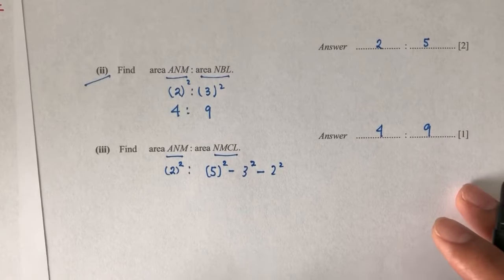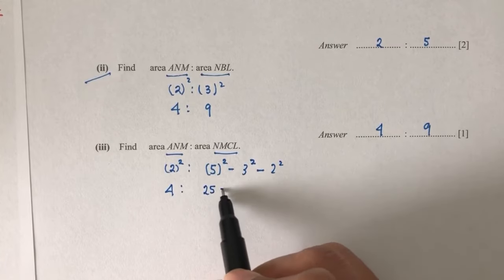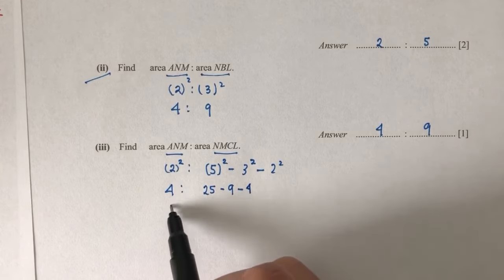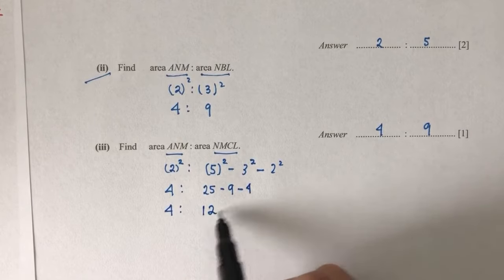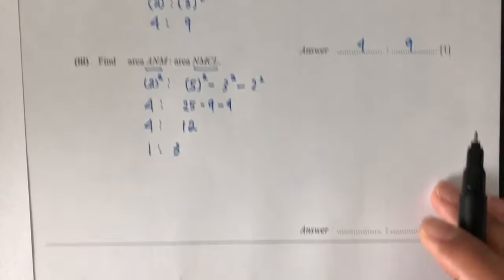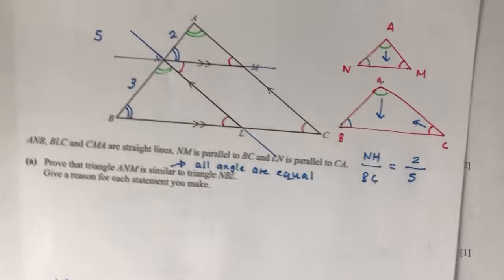So here you will have 4 is to 25 minus 9 minus 4. That will give me 4 is to 12. So divide by 4, you have 1 is to 3. So your answer is 1 is to 3. So that is question number 4.